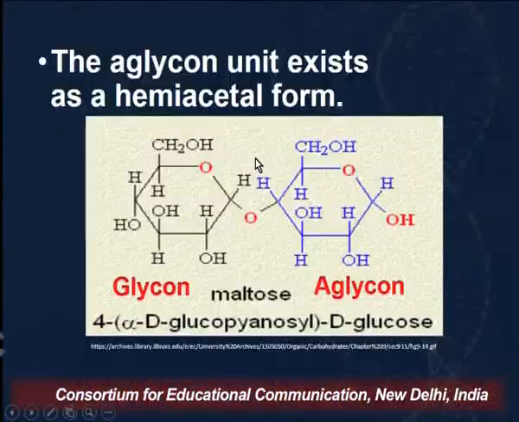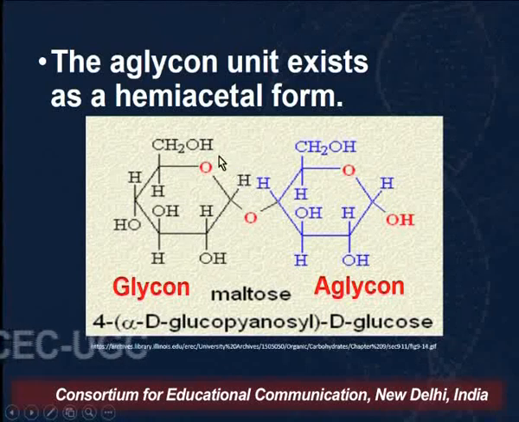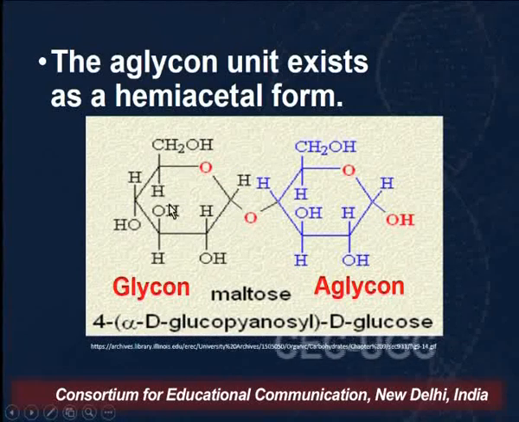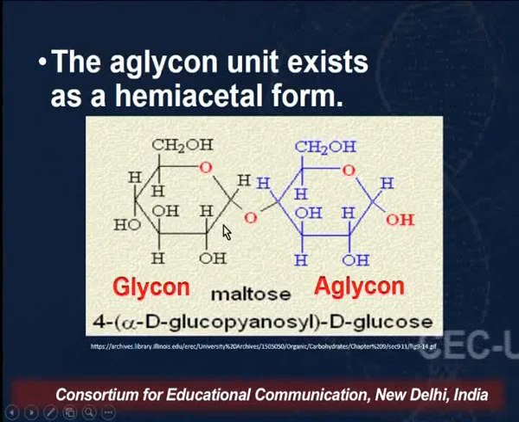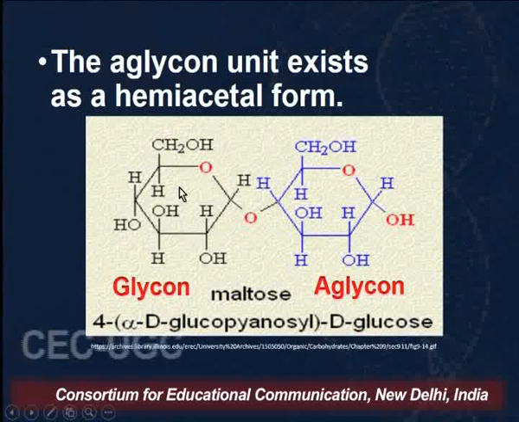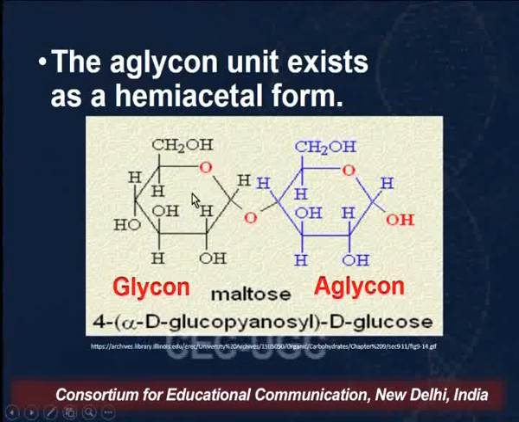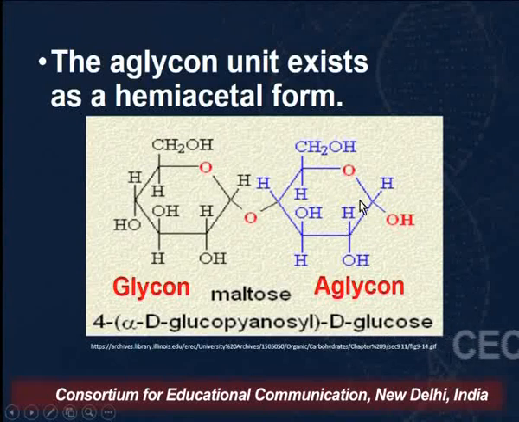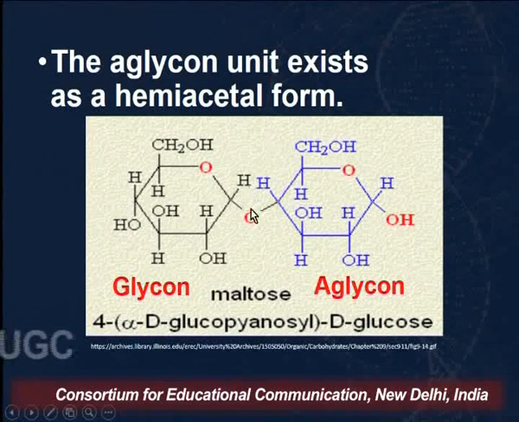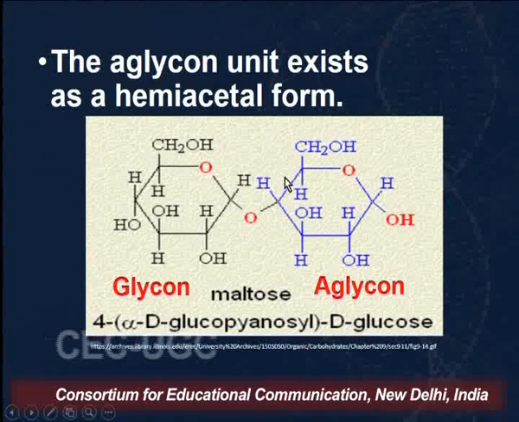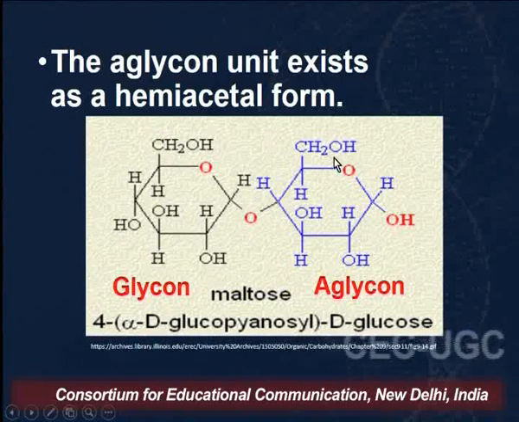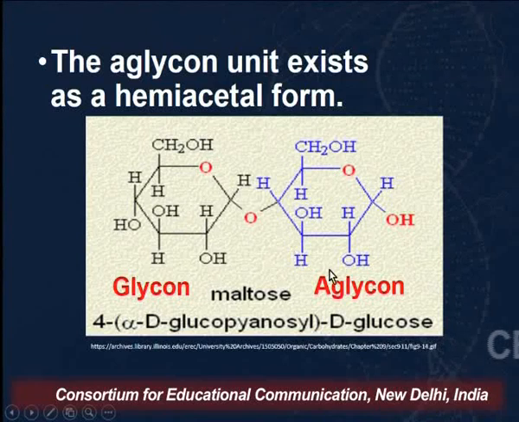Here I would again emphasize the point, that is, here we have an acetal linkage, and this is the part which is coming from the sugar residue. So, this is known as glycone, and this second part of sugar is acting like an alcohol. The OH here is acting like an alcohol group. So this is the aglycone unit.